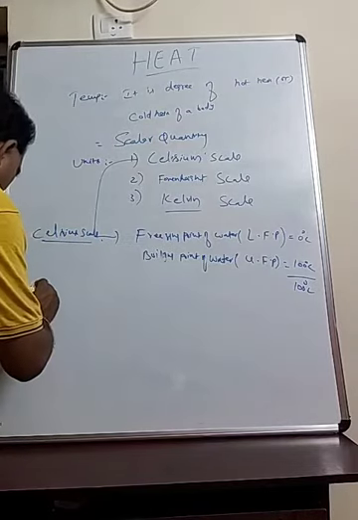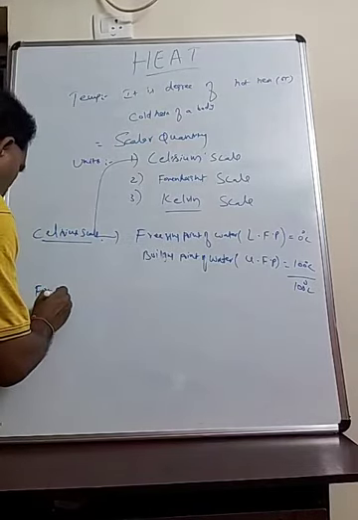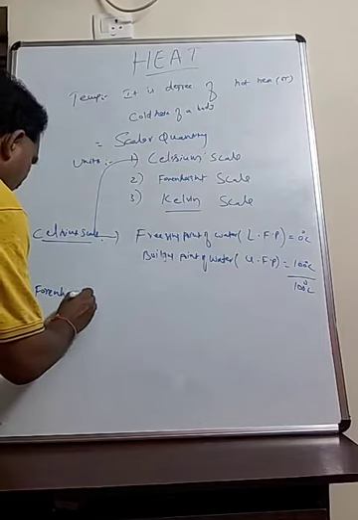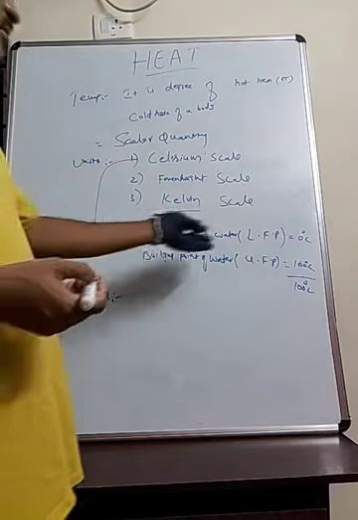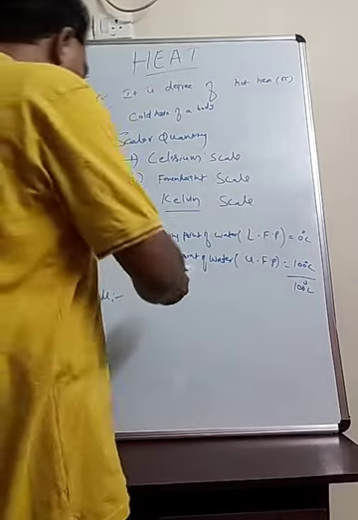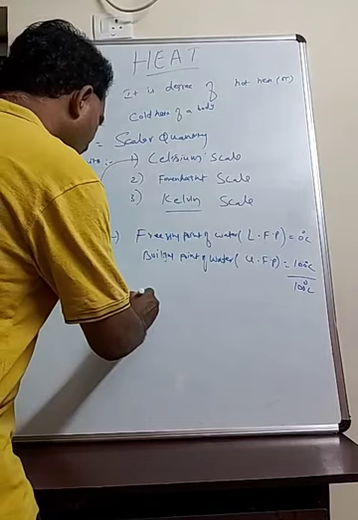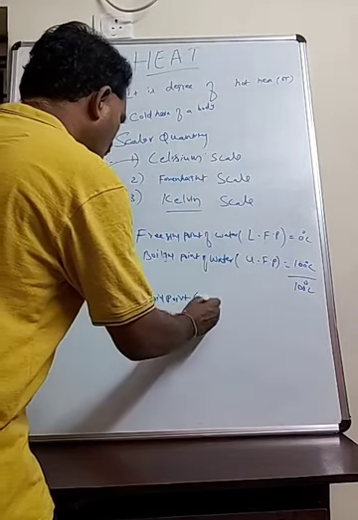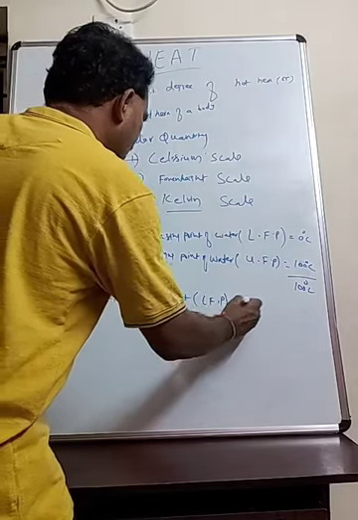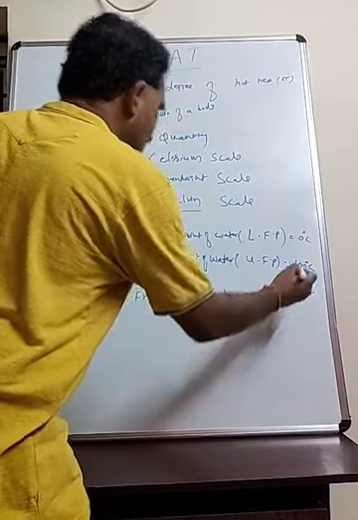Second one is the Fahrenheit scale. Here also we have taken the freezing point of water, but in Fahrenheit the freezing point, or LFP, is equal to 32 degrees Fahrenheit.